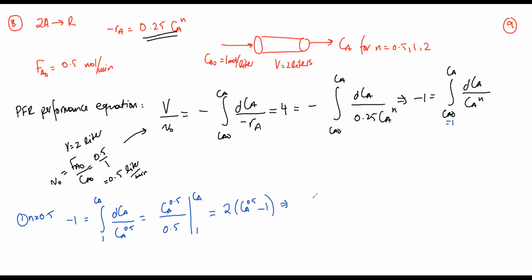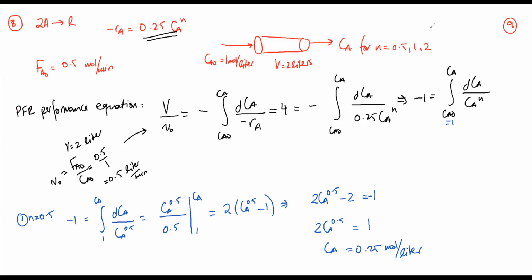So what am I going to get? 2 CA to the 0.5 minus 2 is equal to -1. 2 CA to the 0.5 is equal to 1. So CA is equal to 0.25 mole per liter.